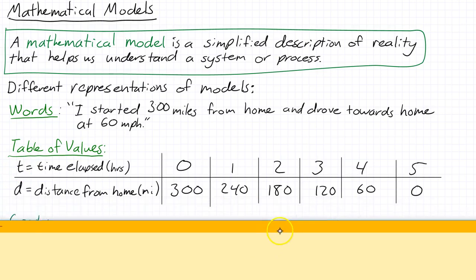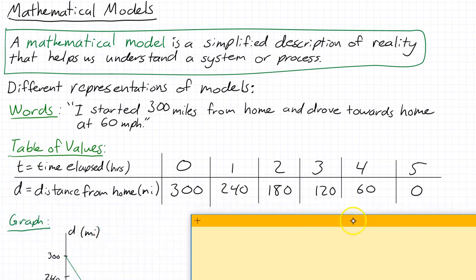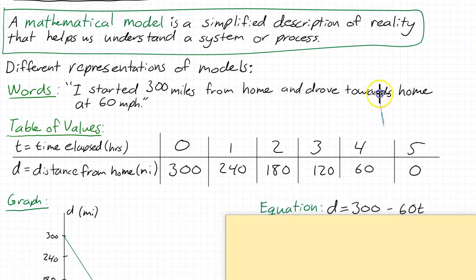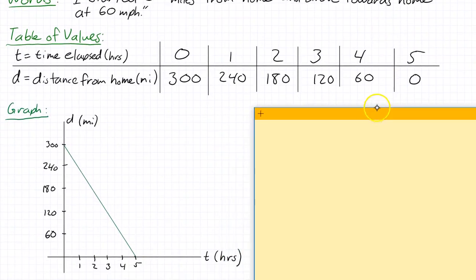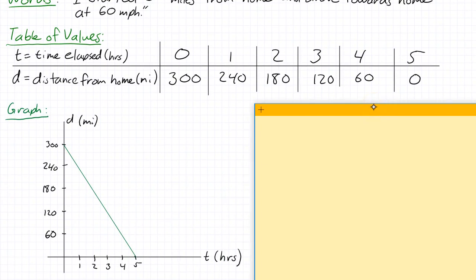You could also have a graph over here. Let me scroll, so you can see the graph there. Sneak preview of the equation. So the graph shows you these points on an xy plane, or in this case, instead of x, it's t, and instead of y, we have d for time and distance, but you could call it x and y if you want to.